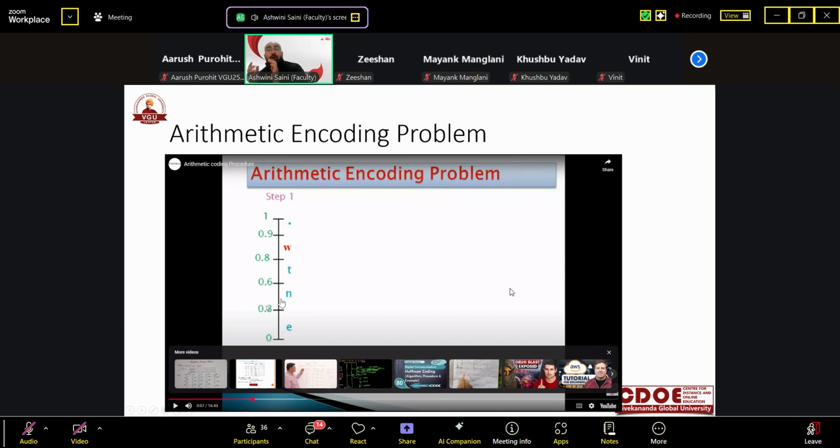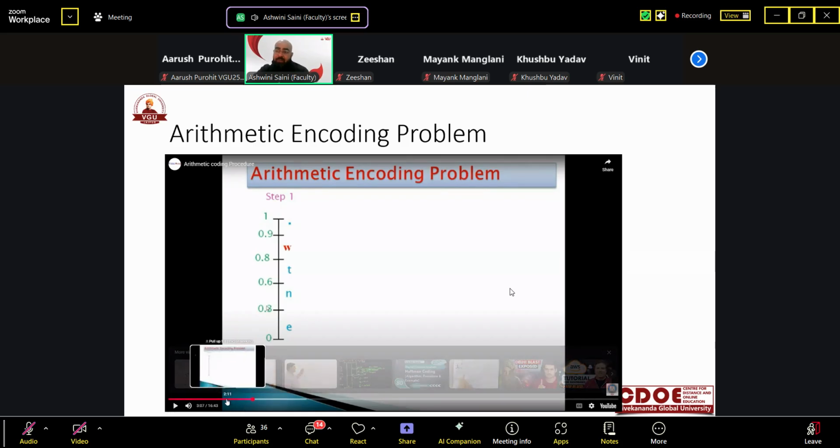That probability always lies between 0 and 1. In any case, around the globe, in terms of probability, we always start with 0 and end with 1. If there is 100% probability, it will be 1. If there is 0% probability, it will be 0. If we have 50% probability, it means 0.5. So here we have already introduced the question.